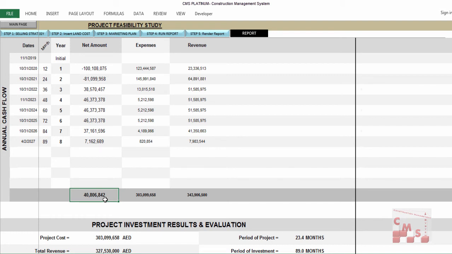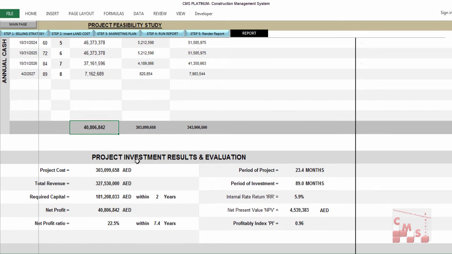But this is not the only way to evaluate your project. You also have to check the final evaluation from CMS. It's telling you now that's the project cost, that's your revenue. The period of the project is 23. The period of the investment is 89 because you give an installment till 6 years, plus also the last date of your selling.